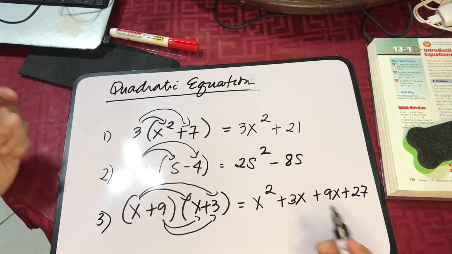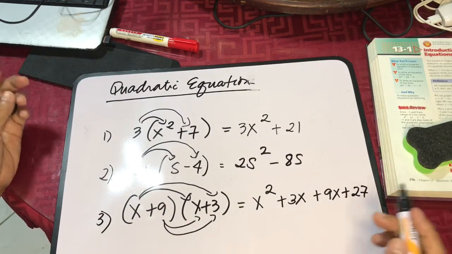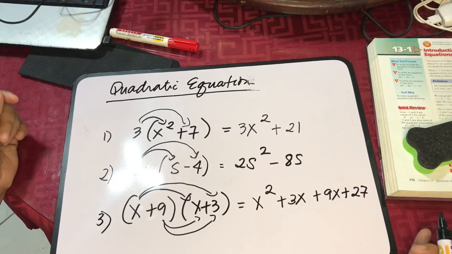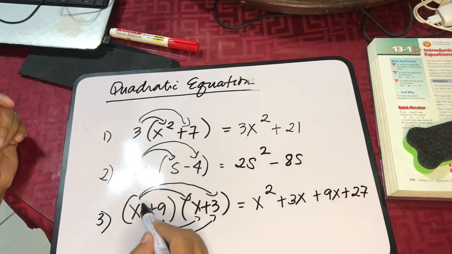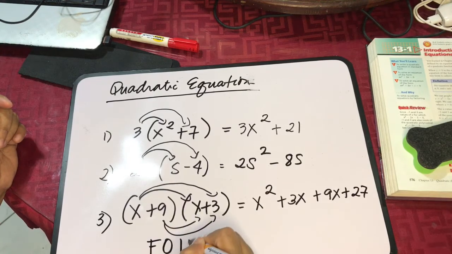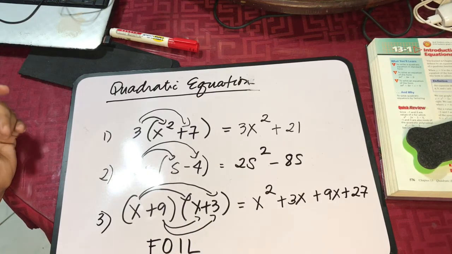What process or method did we apply in getting the product? Okay, so as you can see, using the arrow, I have used the FOIL method. Using the FOIL method, you should know what the first term, the outer term, the inner term, and of course, the last term are.